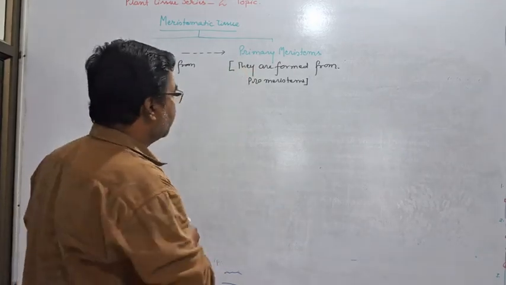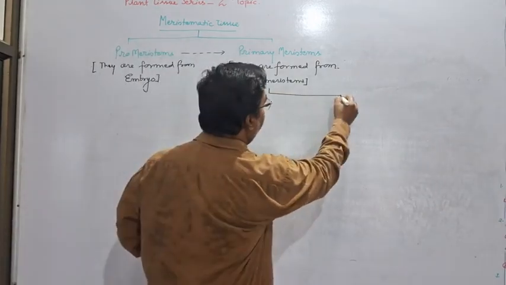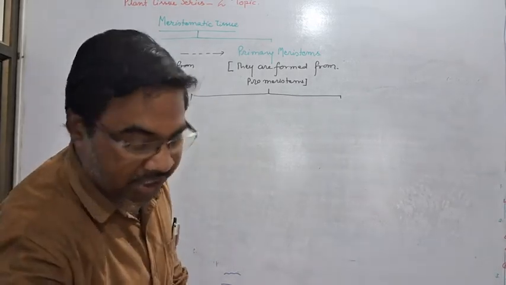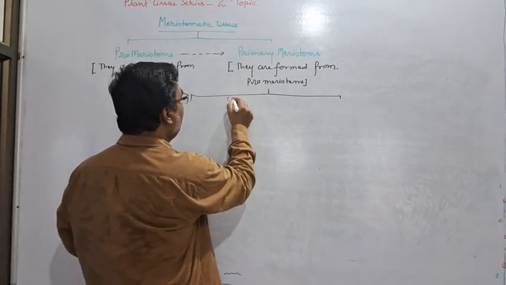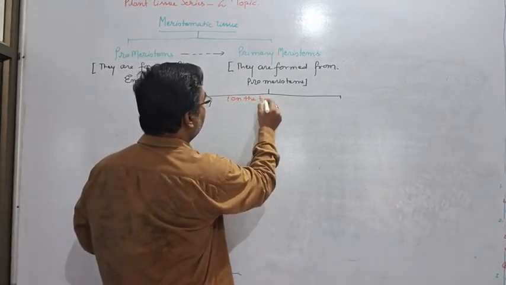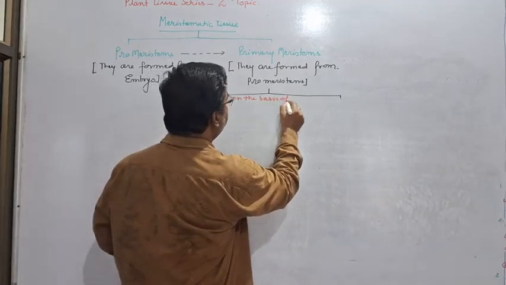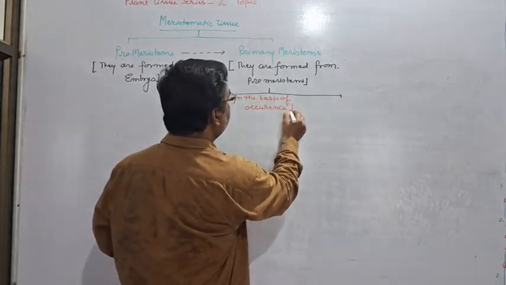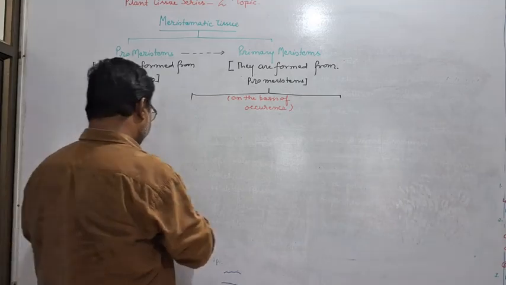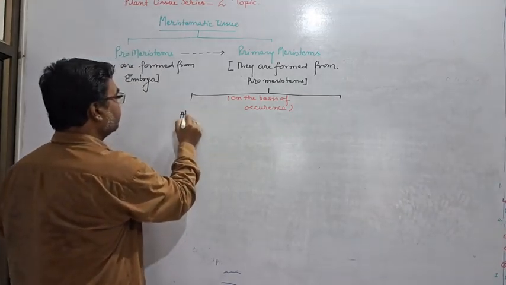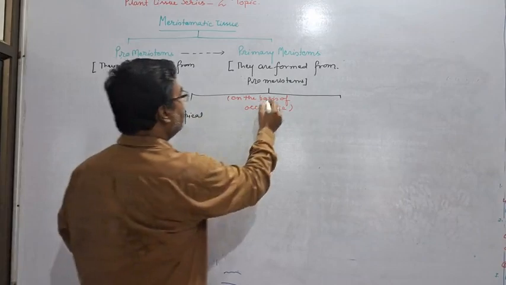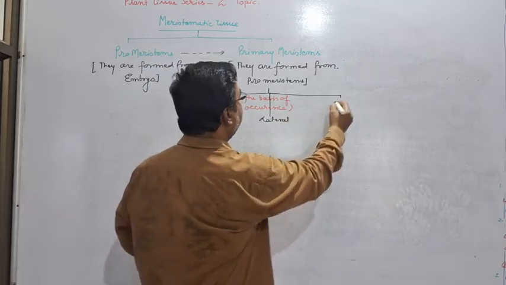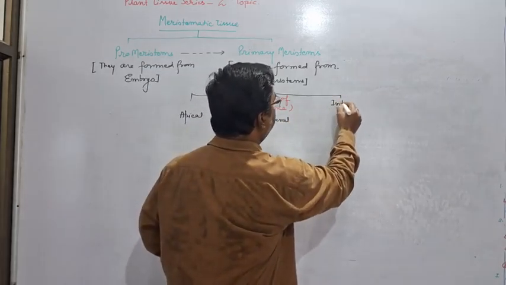Primary meristematic tissues can be of three types on the basis of occurrence. You must remember, on the basis of occurrence. First type is apical meristems, second type is lateral meristems, and third type is intercalary meristems.